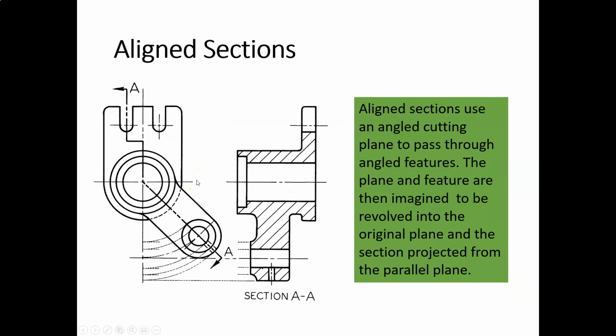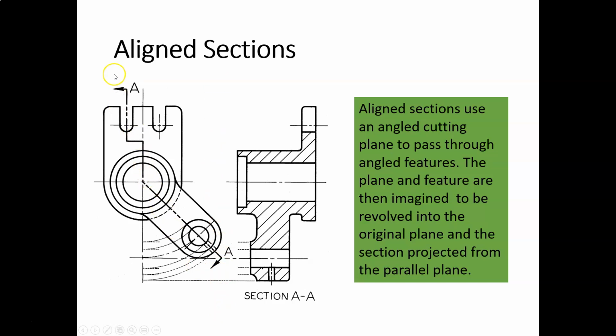All right, aligned sections. In cases where the cutting point line is not parallel to the plane of projection, understand that in this view over here, there's a plane of projection that basically runs vertically in between these two views. This cutting point line is not parallel to this plane of projection.